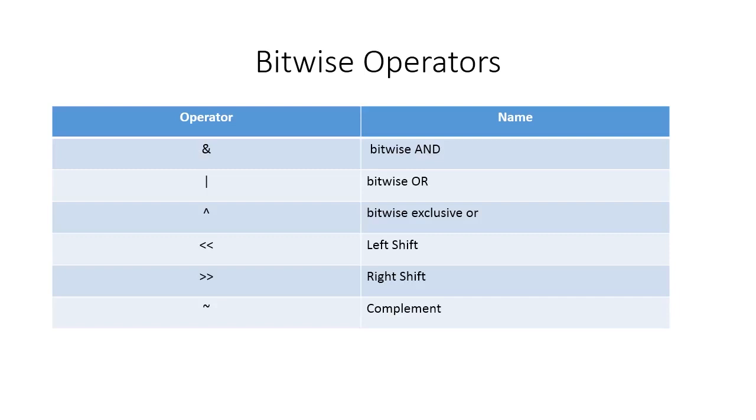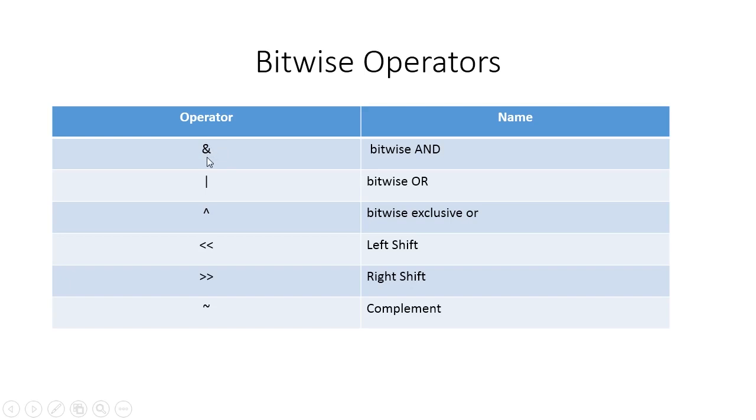So let us try to see what are the bitwise operators provided by the C language. The C language provides 6 bitwise operators: bitwise AND, bitwise OR, exclusive OR, left shift, right shift, and the complement, right? So you can just see the symbols out here. This same symbol you can observe we had already used as the address of operator, right?